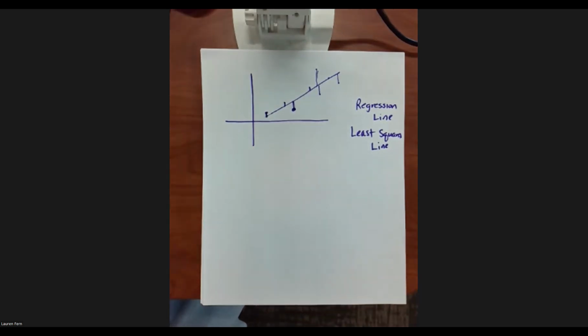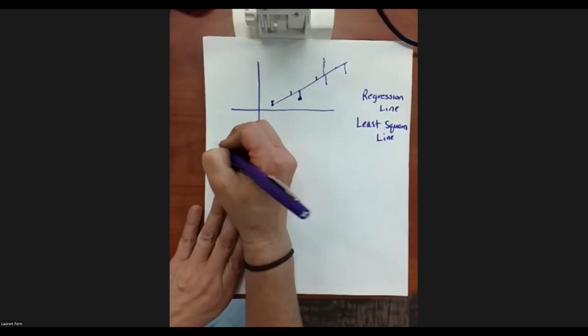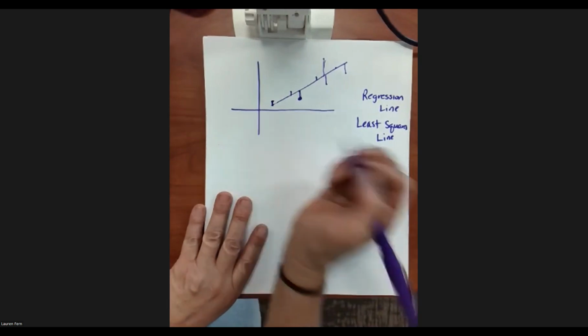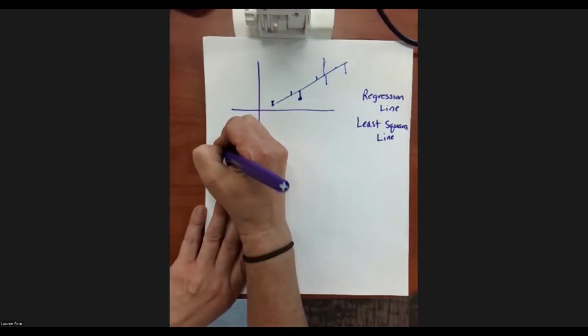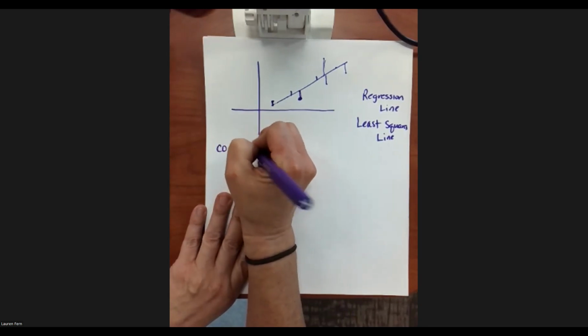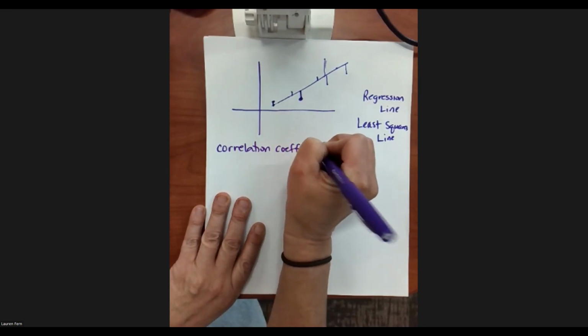So one thing that I want to say to you is, a reasonable question is, how can you tell how good of a line it is? Well, the way that you tell that is by something called the correlation coefficient.